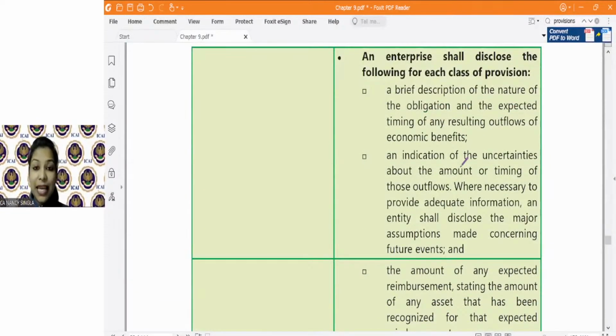Now students, AS29 का क्या requirement है कि आपको opening भी बताना है, आपको closing भी बताना है, आपको use during the year भी बताना है, addition during the year भी बताना है, and reversal during the year भी बताना है. Further, AS29 क्या कहता है कि अगर कोई provision है ना, then the company is required to disclose.